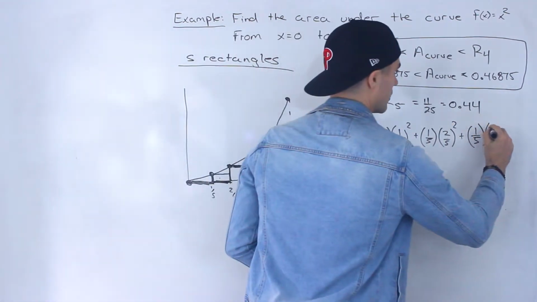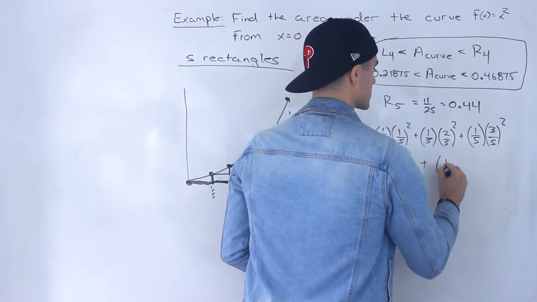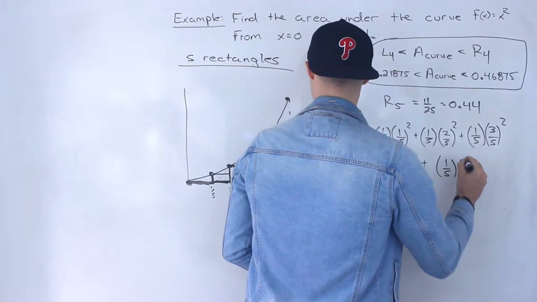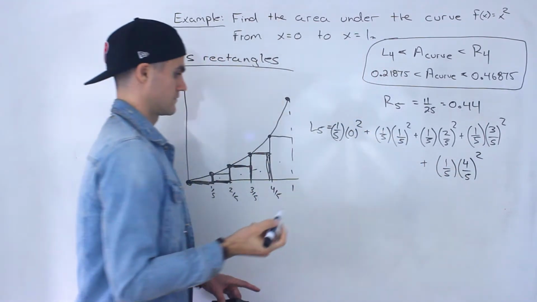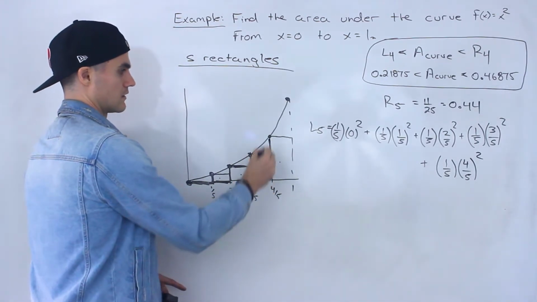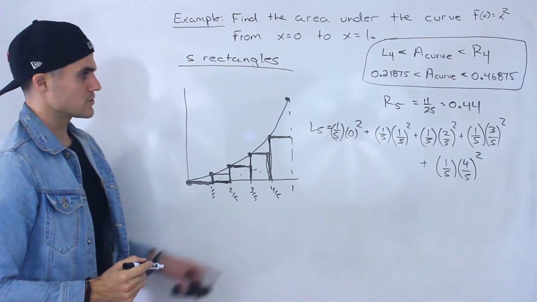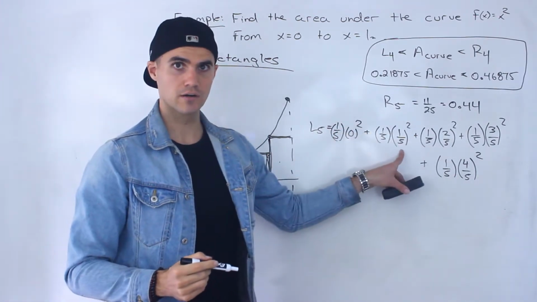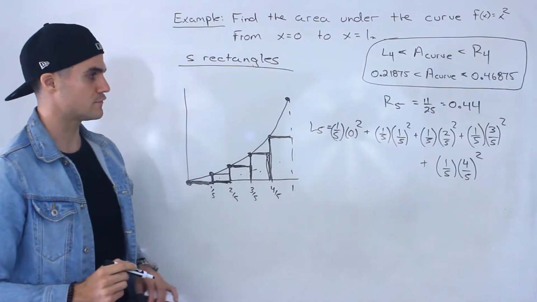Three over 5 squared, plus 1 over 5, and then we'd have 4 over 5 squared, like that. Right, so that's going to be the expression here for the area of these 5 rectangles.